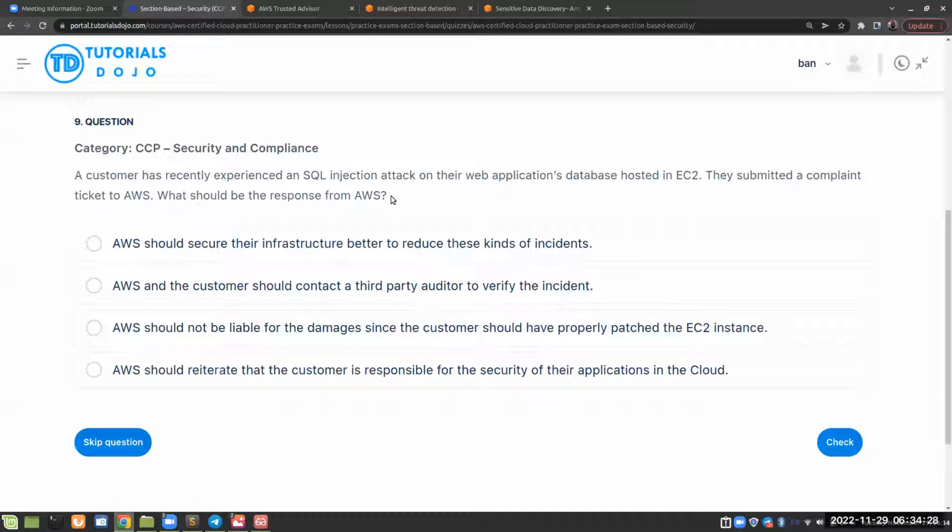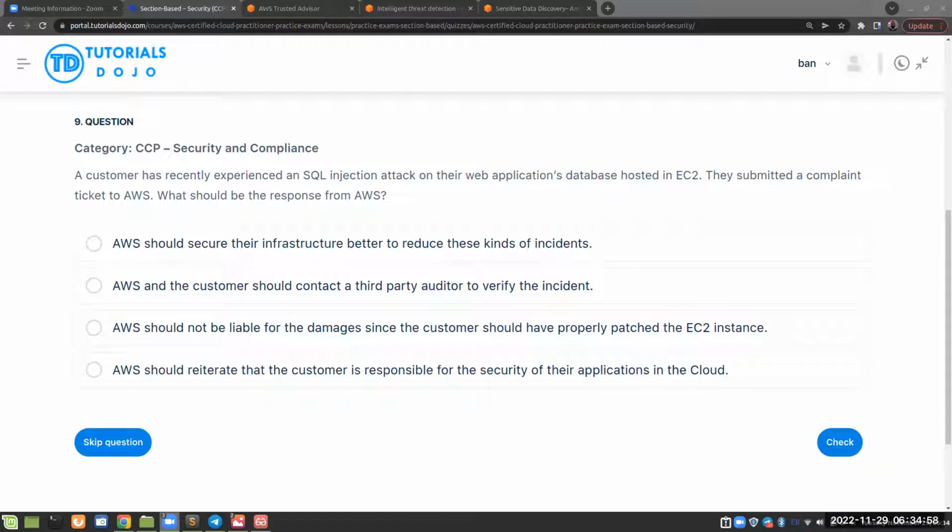What should AWS do in that case? Look at the options and tell us what you think will be the answer. I think it's B.